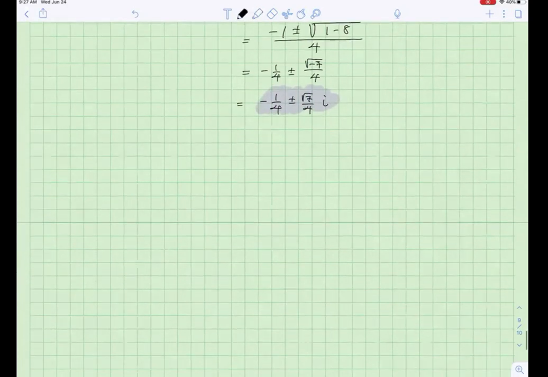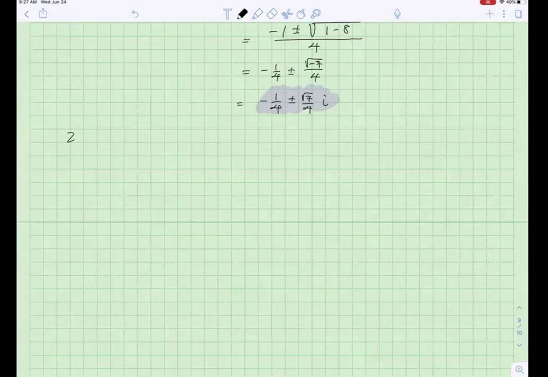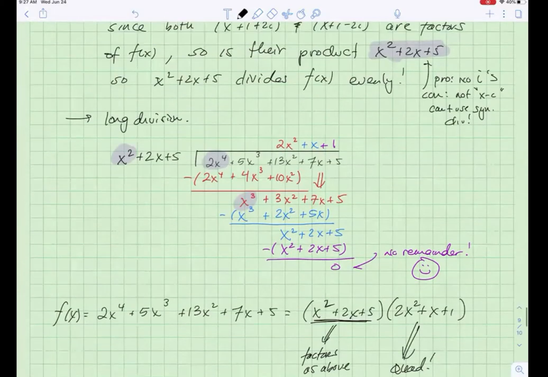So the zeros were x equals -1 plus or minus 2i, I think. I can't remember now, it's been so long.